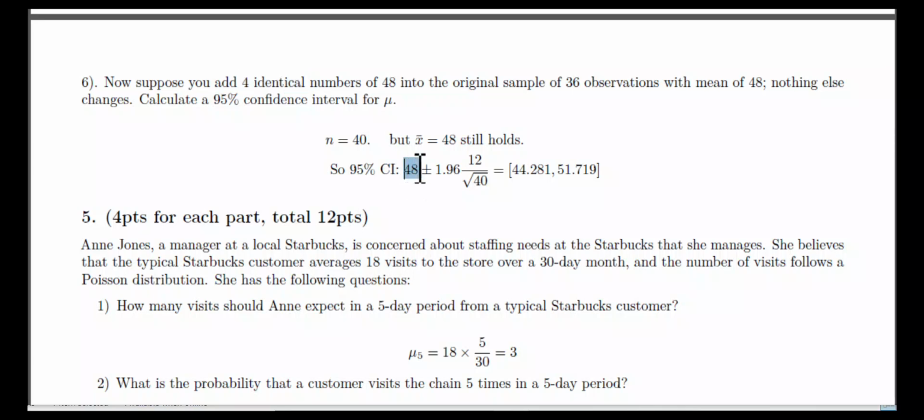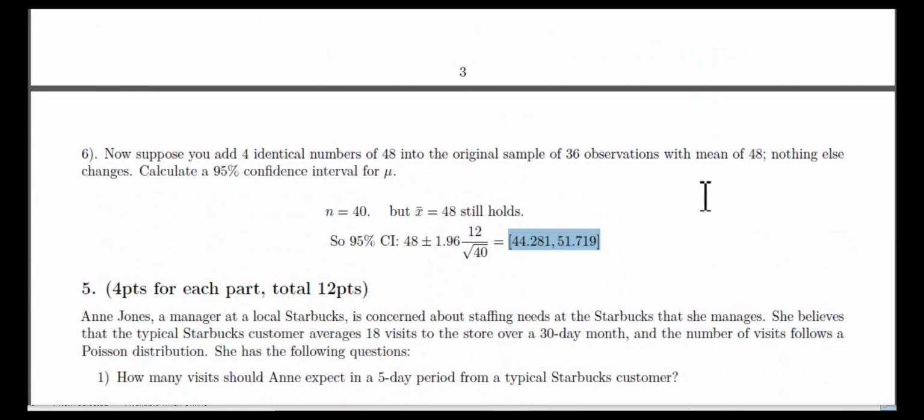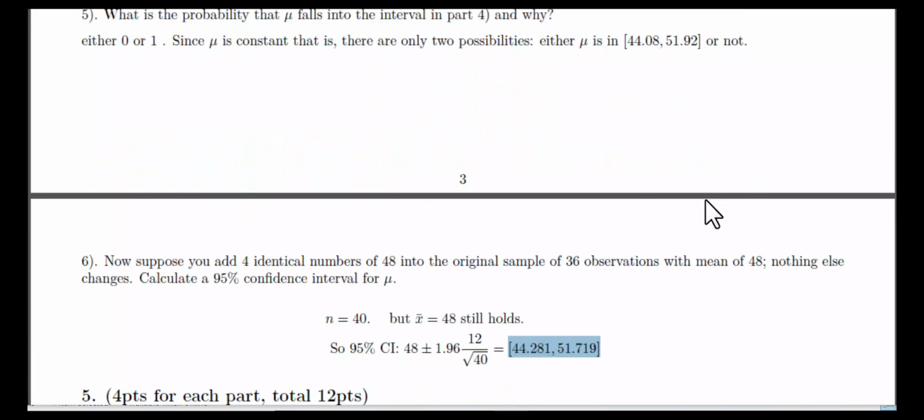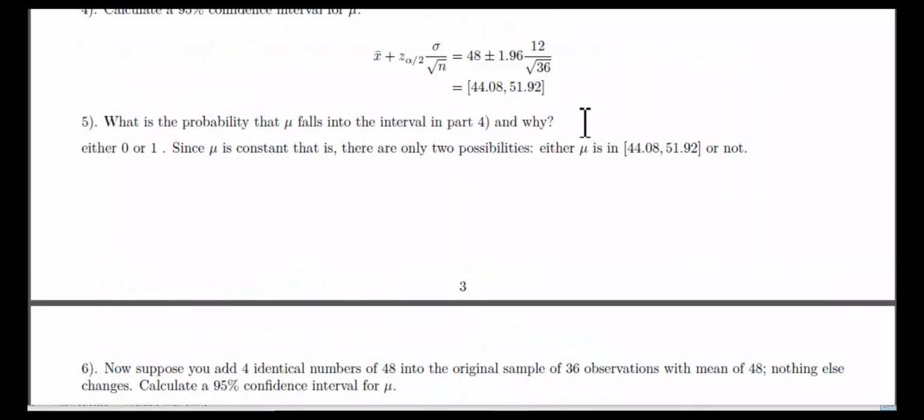The 95% confidence interval is x bar plus or minus z alpha over 2, which is 1.96, times sigma divided by the square root of n. n in our case is 40. So we end up with this interval here. Obviously, these two confidence intervals are different. Which one is wider? This one is wider.